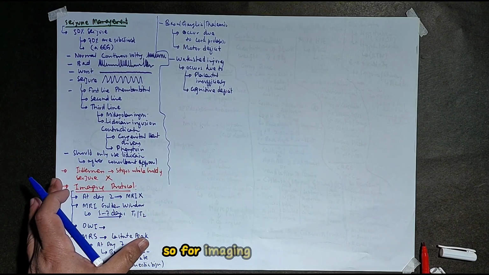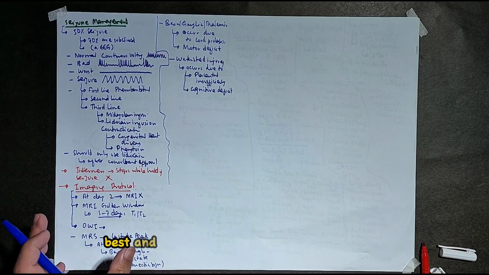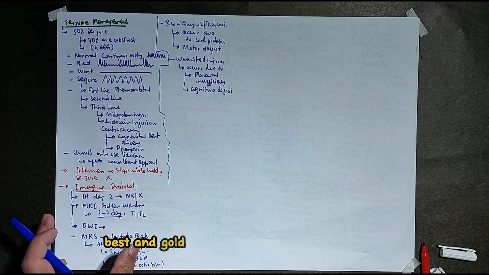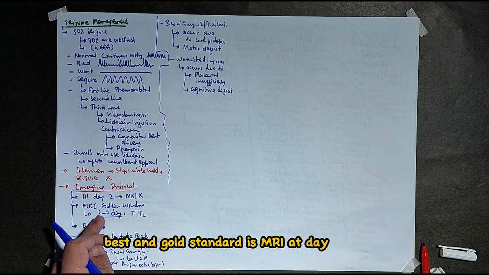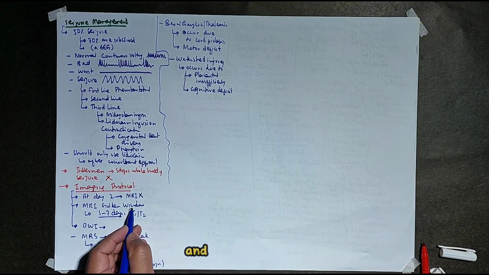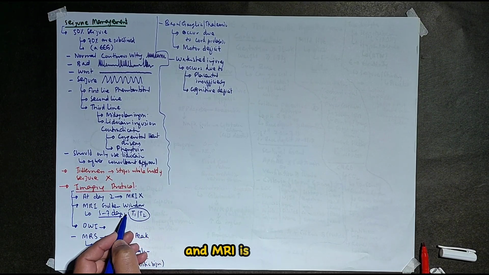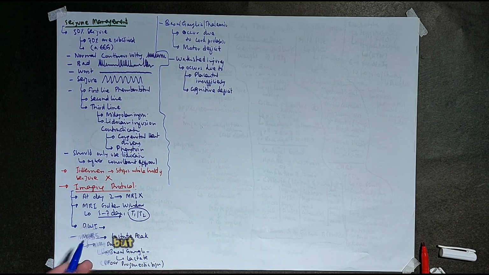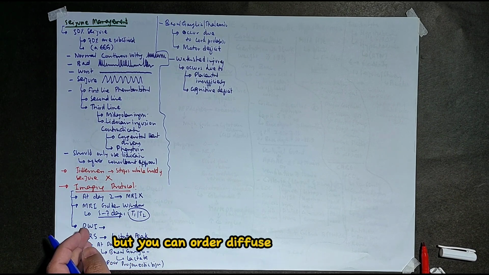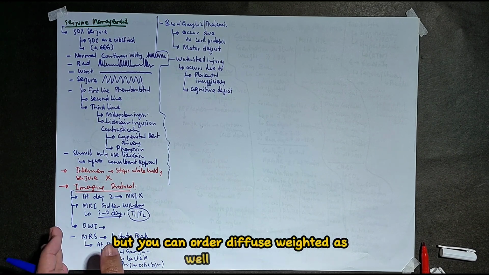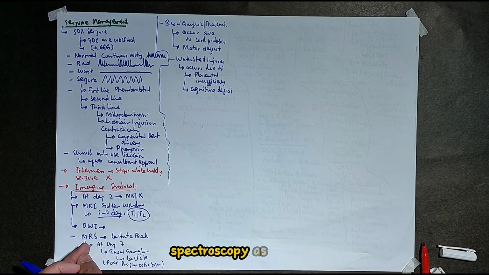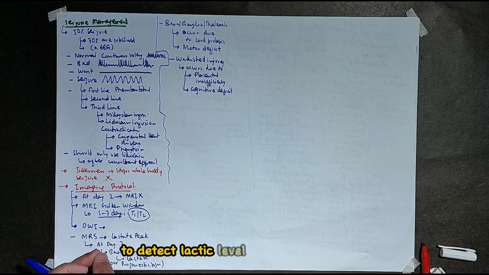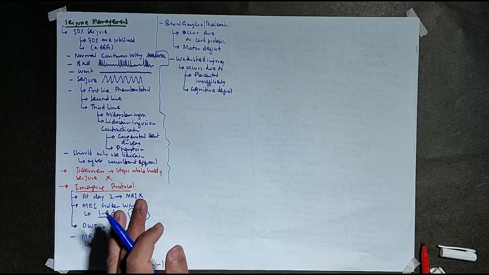So for the imaging protocol, the best and gold standard is MRI at day 5 to 7, and MRI is T1 T2, but you can order diffusion weighted imaging before this, and spectroscopy as well to detect lactate level at the basal ganglia.